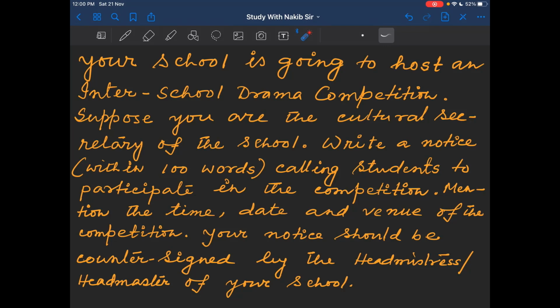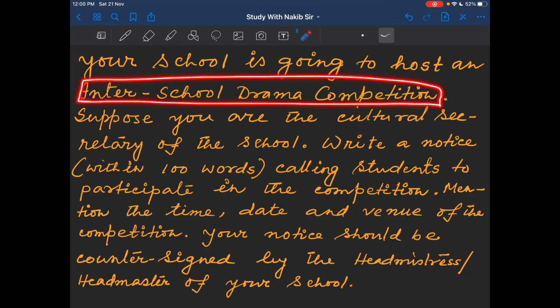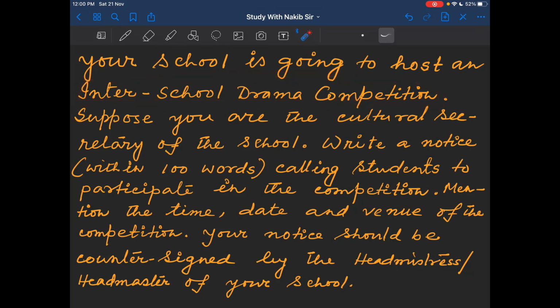First, collect the points or ingredients you get from the instruction. And to do so, read the instruction one more time. Your school is going to host an inter-school drama competition. Inter-school drama competition. This is the name of the event. Suppose you are the cultural secretary of the school.